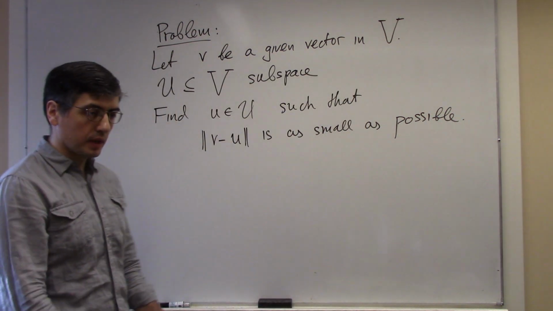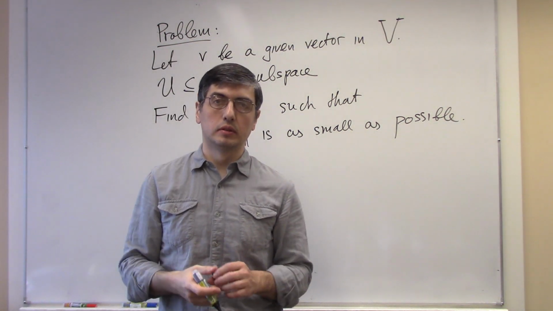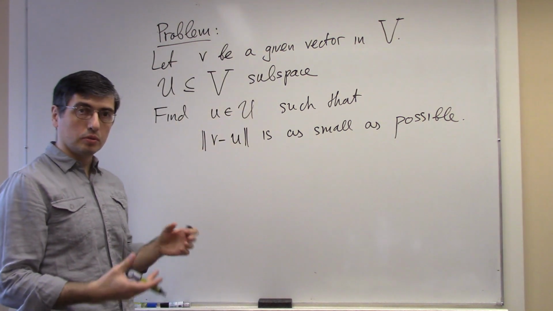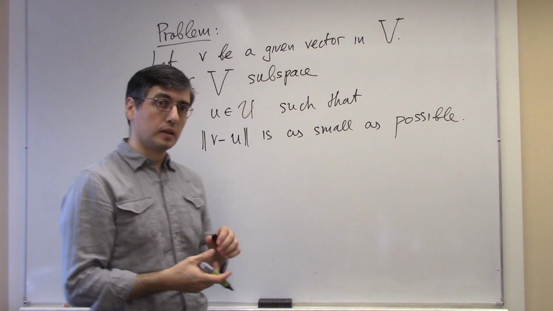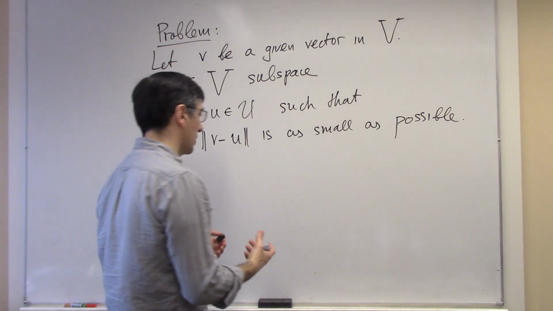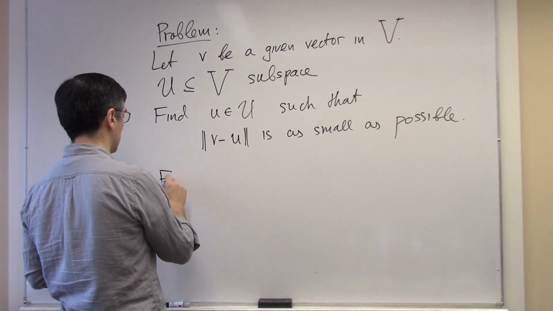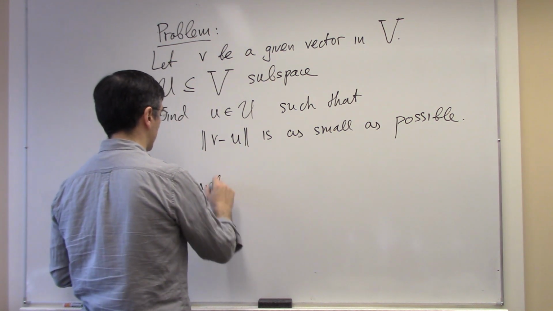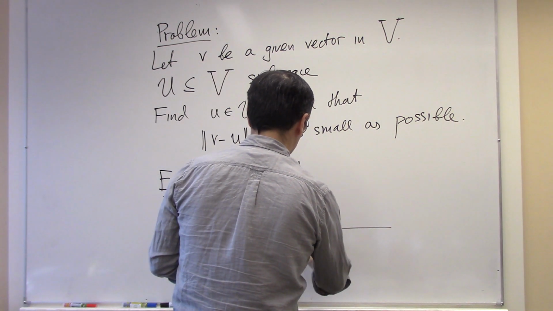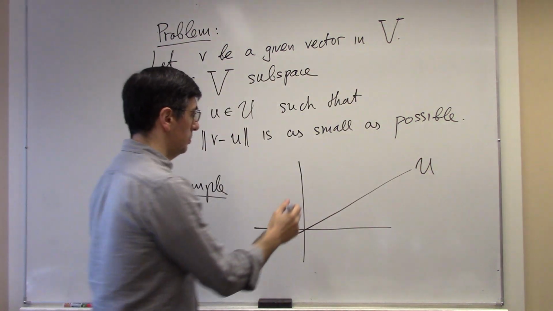Alright, and if you try to do this on a plane with the usual distance, so this is the norm of a vector, which corresponds to the length in the usual Euclidean sense. So suppose we are trying to solve this problem in R2. Example. So suppose this is U, and then you pick some vector.